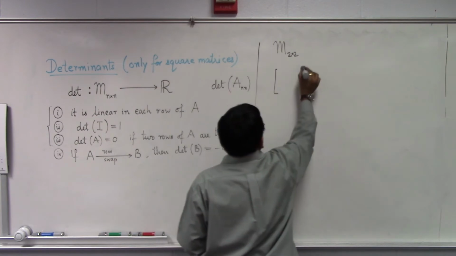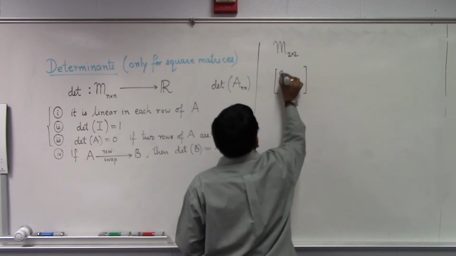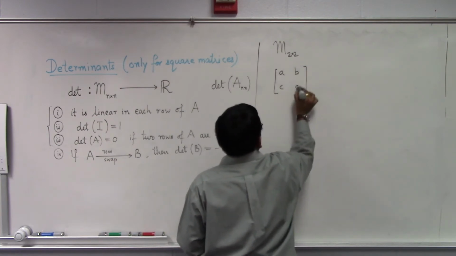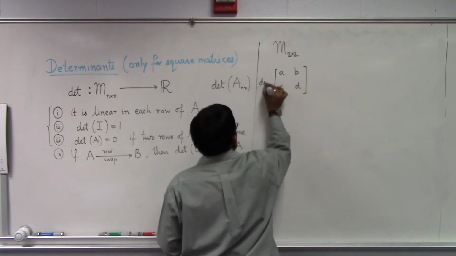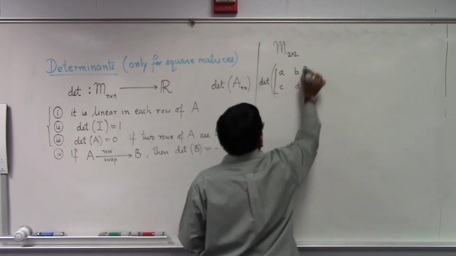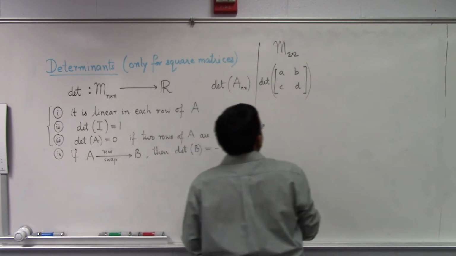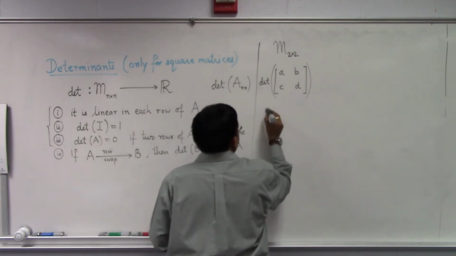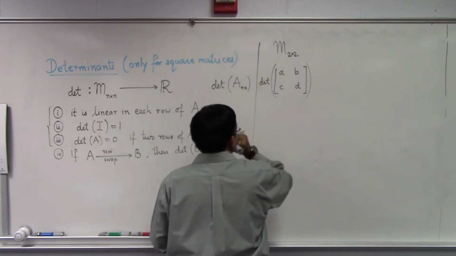When we say linearity in each row, imagine I have a matrix A, B, C, and D, and you want to talk about the determinant of this thing. By linearity, I mean as follows.